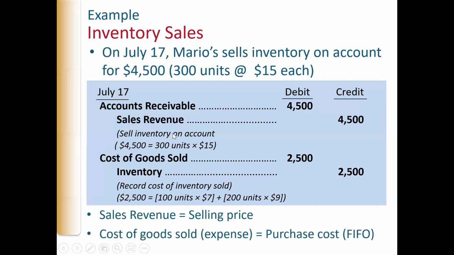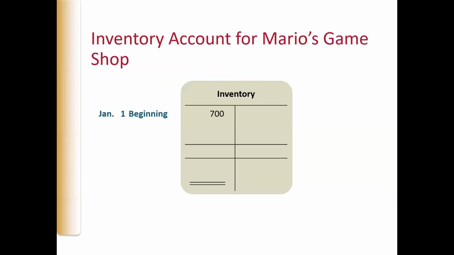So sales revenue basically equals the selling price, and the cost of goods sold is the expense. The selling price is what we're selling the products for. The cost of goods sold is what it cost us to purchase or make those goods. Now, in this inventory, we see Mario began with 700.